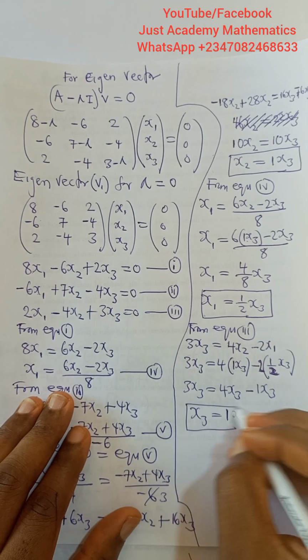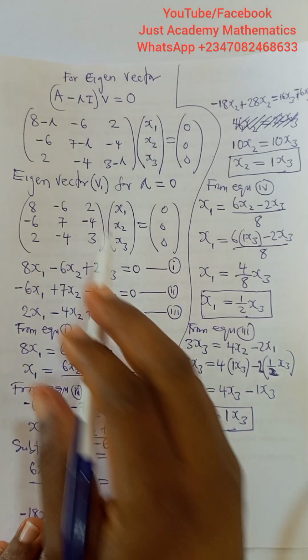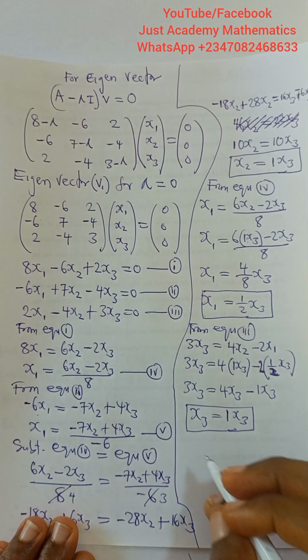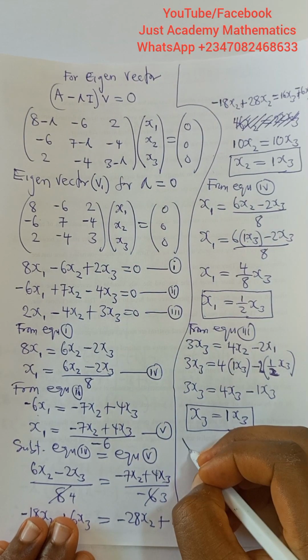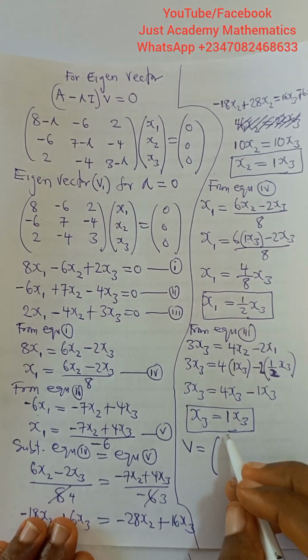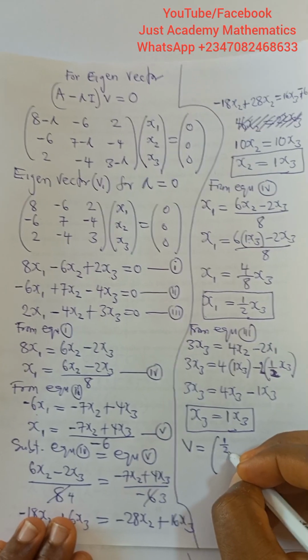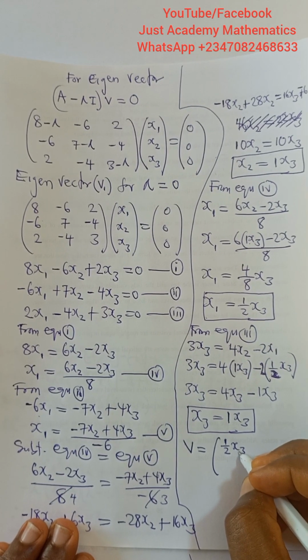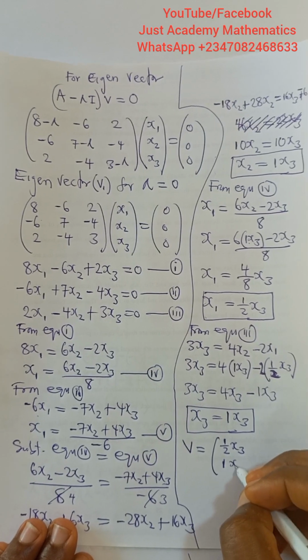Positive 1x3, so this is S3 in terms of S3. So what we are saying is that this v1, the vector for this eigenvalue 0, is now equal to: what is x1? x1 is 1 over 2 x3. What is x2? x2 is 1 x3.